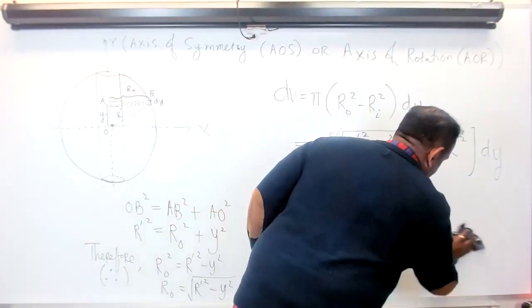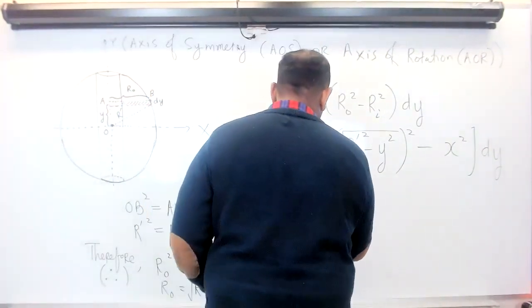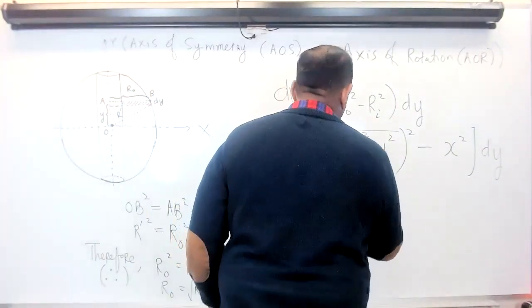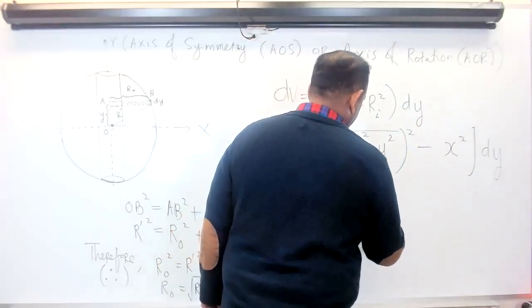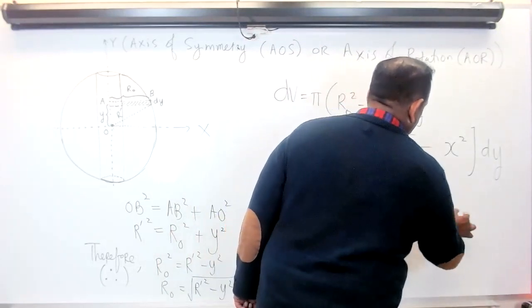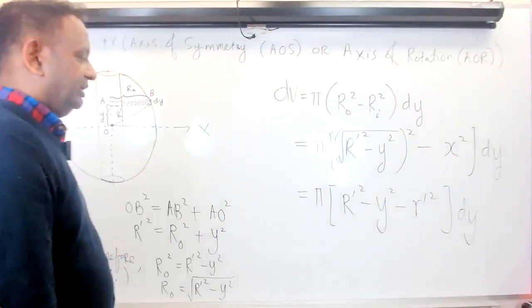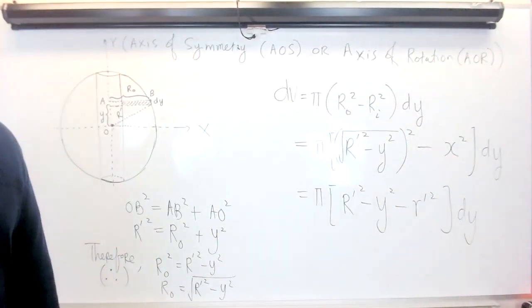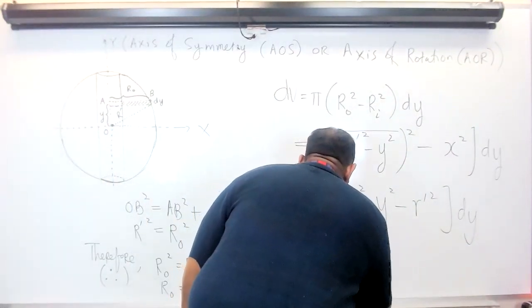X is nothing but simple r. So pi, the square root and the square get cancelled off. You are left over with this minus r times. I replace x with r, simple r squared. You can remember that. Then I can put the constant terms together.